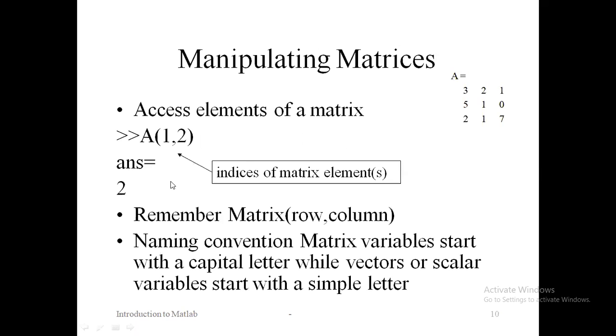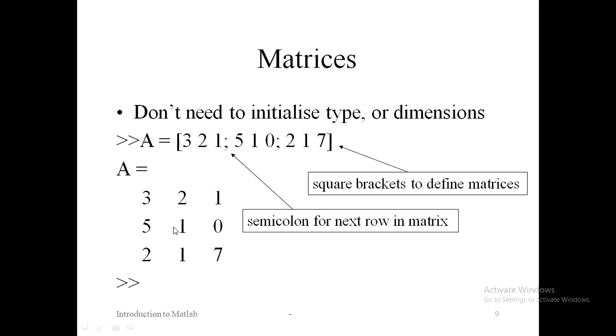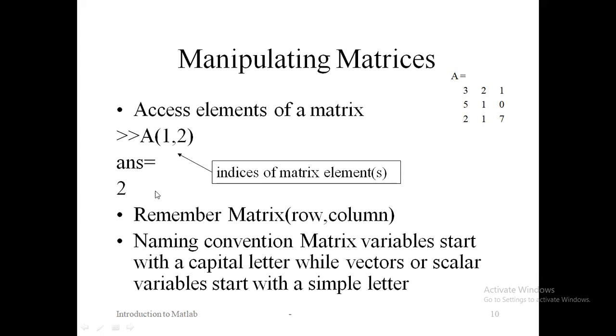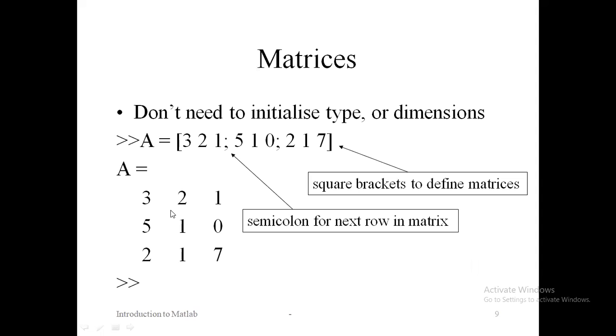Let us move further. If you want to do any kind of matrix manipulation, suppose you have this matrix and you want to find the element a12, which will be 2. If you want to find this element, you simply write a(1,2) and you will get the answer from MATLAB as 2. The matrix indexing is row first, then column.